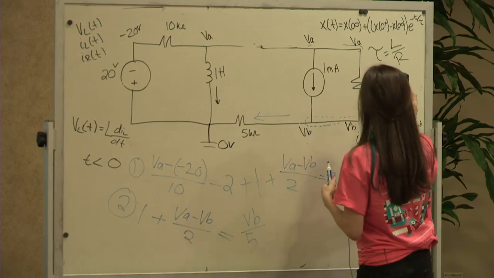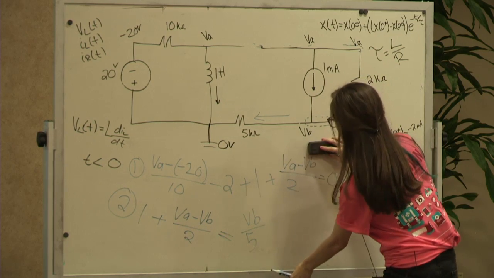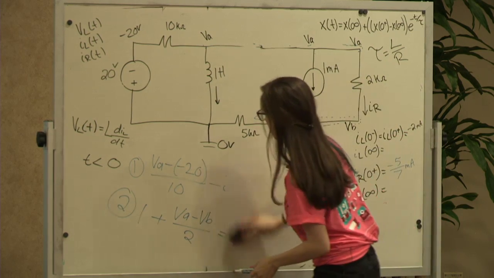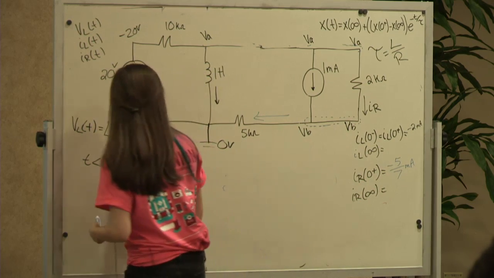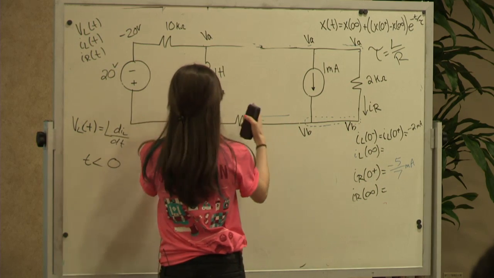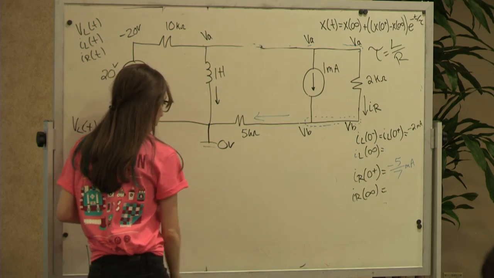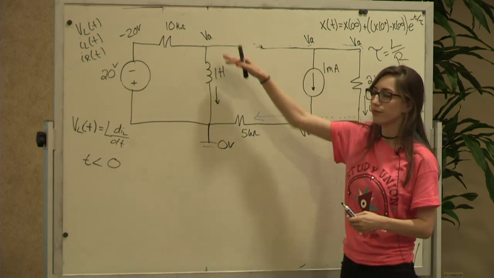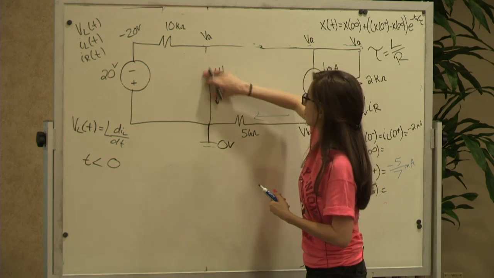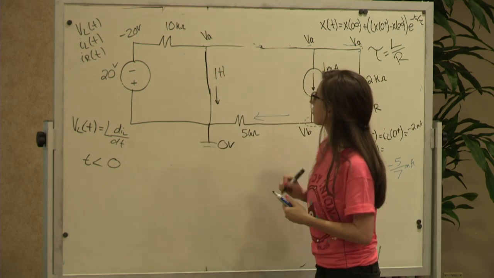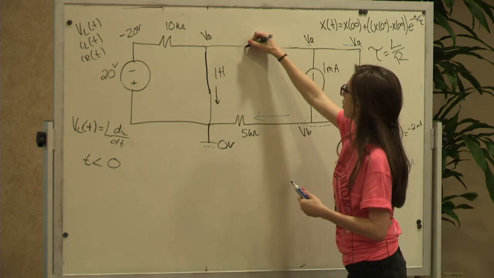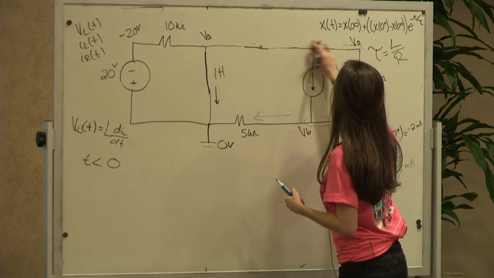So now we don't know anything. And we're doing the infinity. So now at infinity, everything's connected to both sources. So this still shorts out, right? We don't need these.